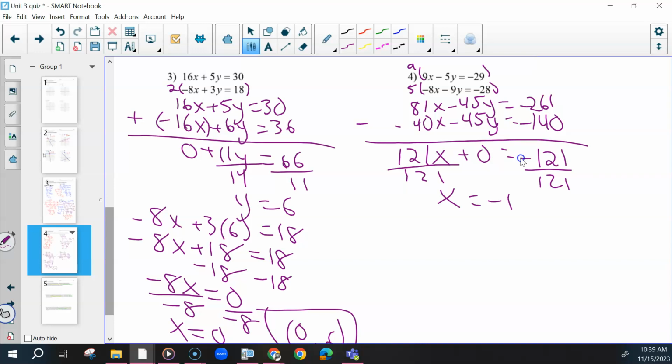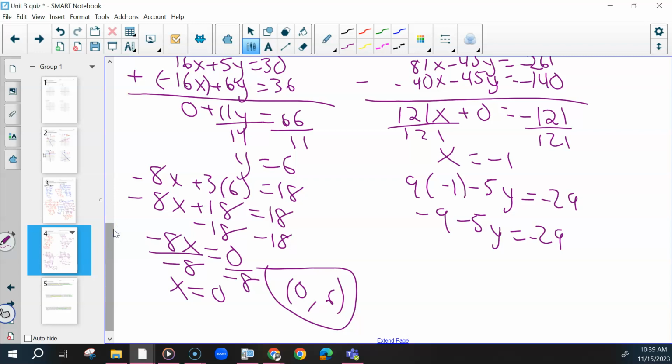Put that back into one of them. I would probably advise one of these two because these give you big numbers. For the two equations, you subtracted them from each other?